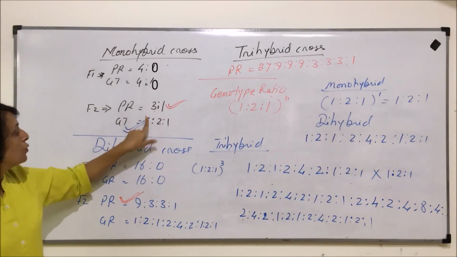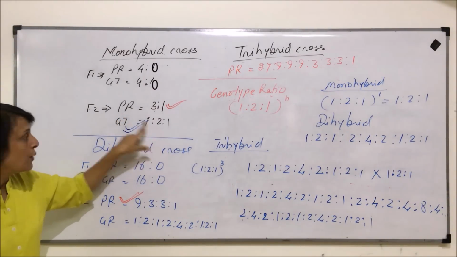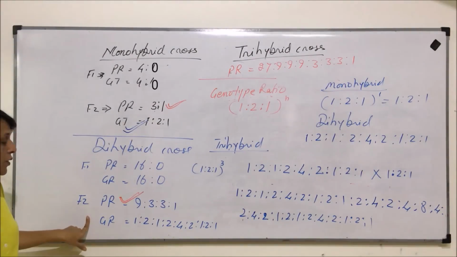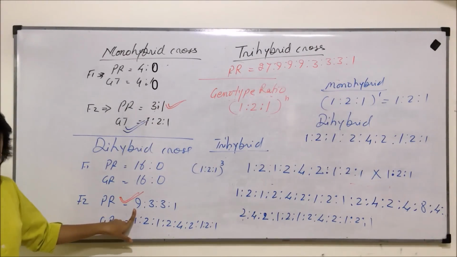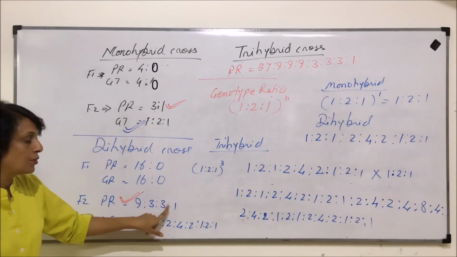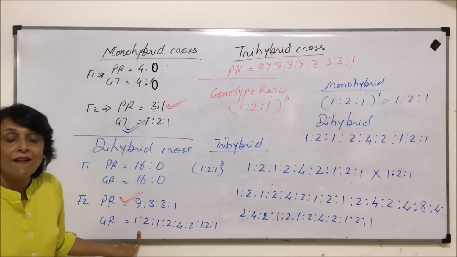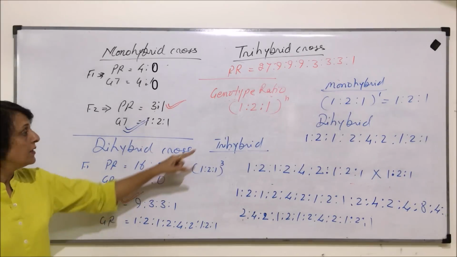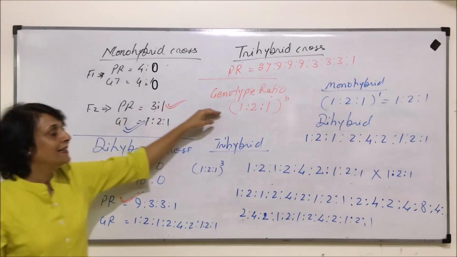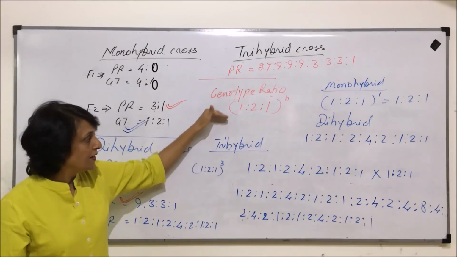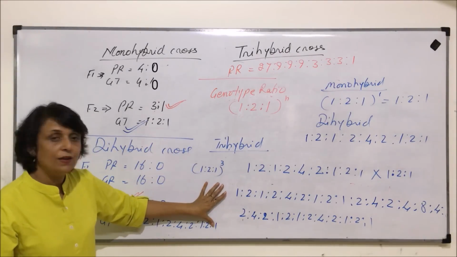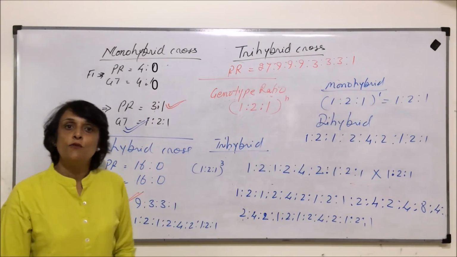Phenotype is 3:1, genotype is 1:2:1 in F2. In dihybrid cross, also in F2, the ratio that we have to remember is 9:3:3:1. This is phenotype. Genotype ratio is this, which we have calculated by using this formula. And in trihybrid cross, the ratios are calculated again by using these formulae.